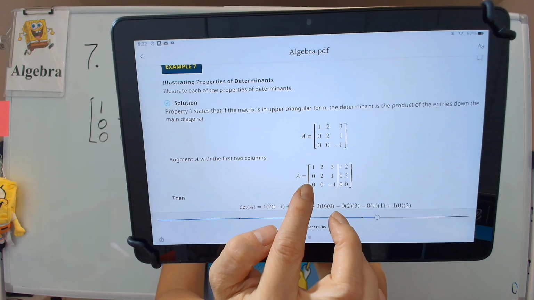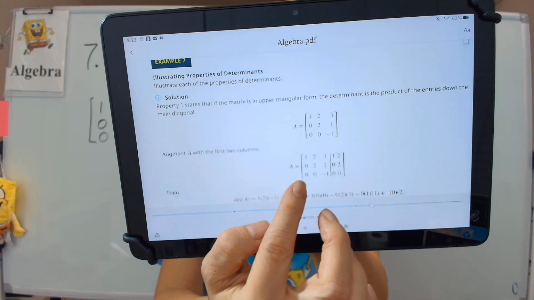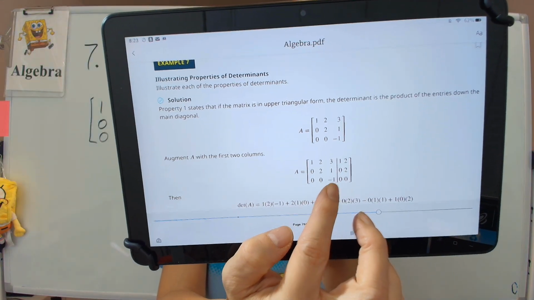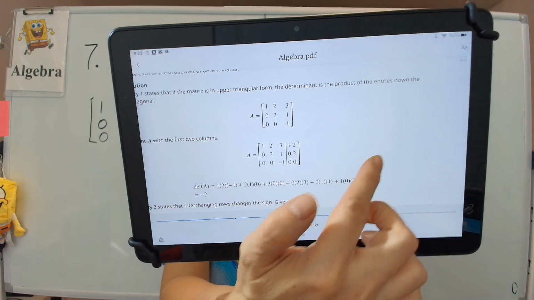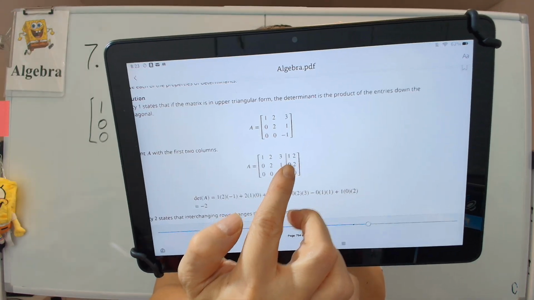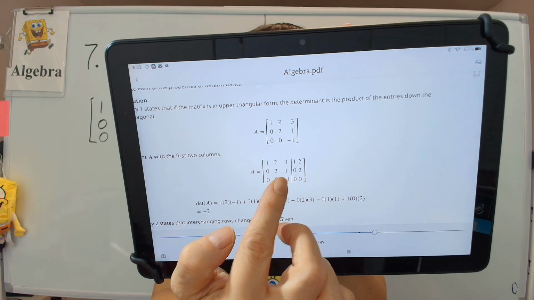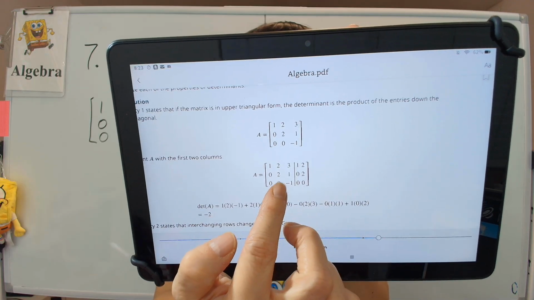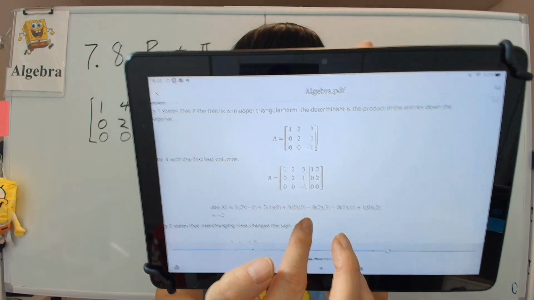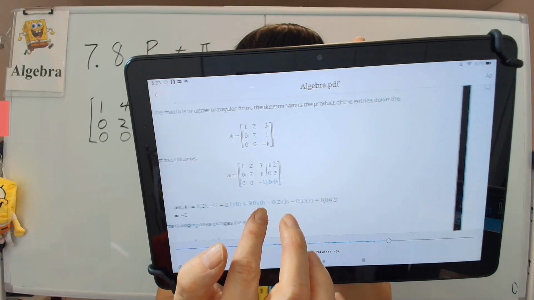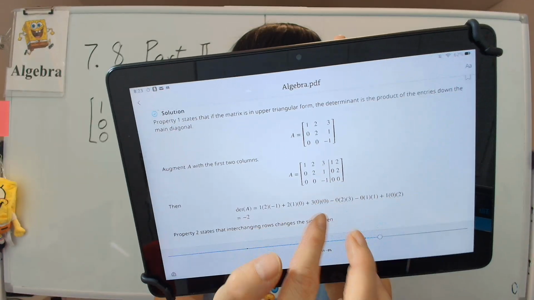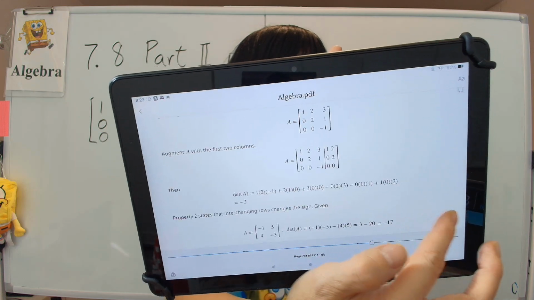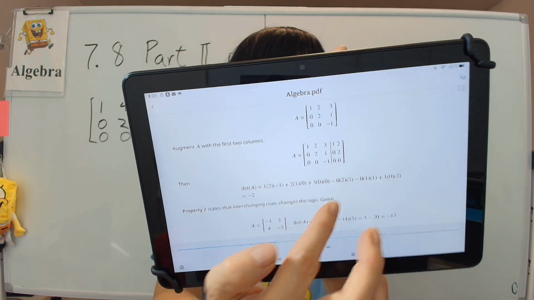The reason is because when you repeat the first two rows, you got 2 zeros at the bottom, which means when you follow the rule to calculate the determinant, you do that crisscross thing, and then you hit 0 except for the diagonal. So please do this yourself to make sure that this is true.